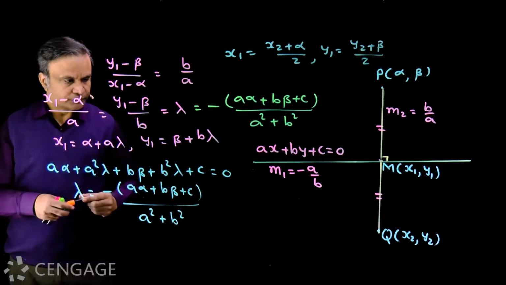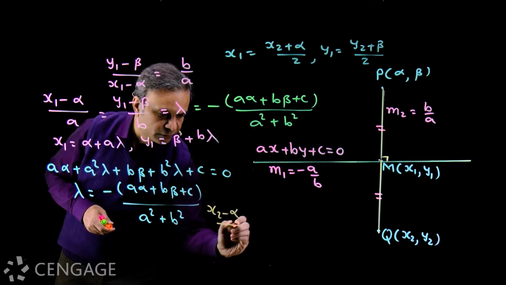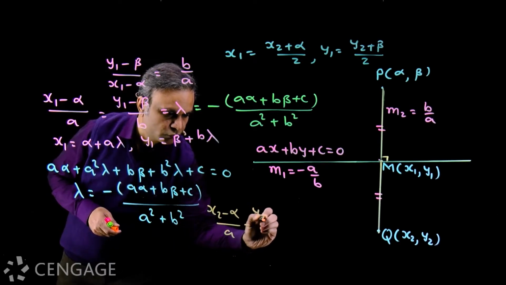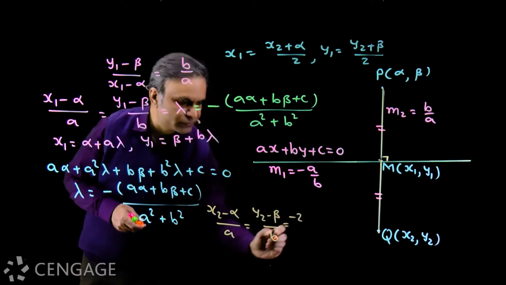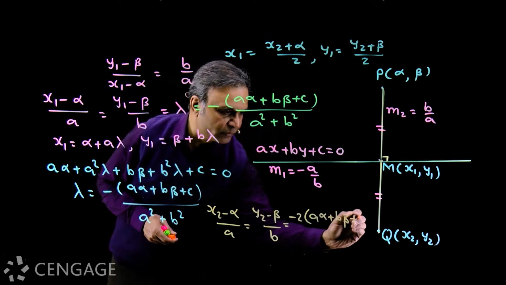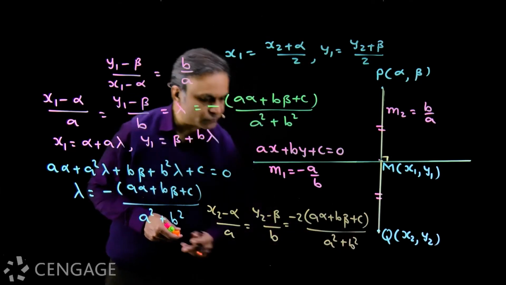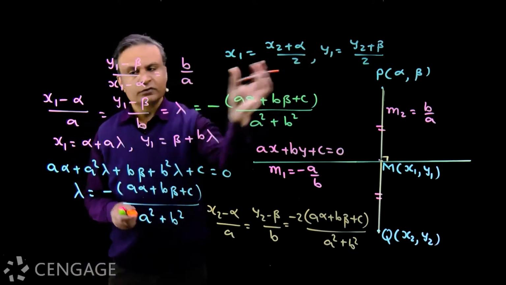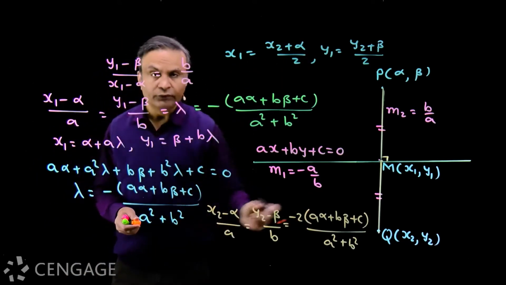We have x2 minus alpha upon a is equal to y2 minus beta upon b, which is equal to minus 2 multiplied by a alpha plus b beta plus c over a square plus b square. Put the values of x1 y1 in the formula and simplify, and you will get this formula.